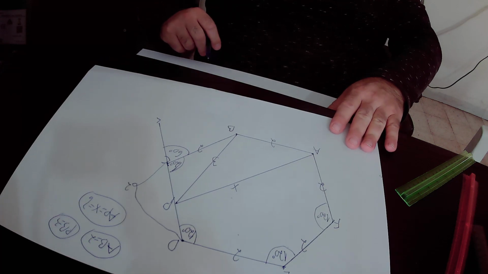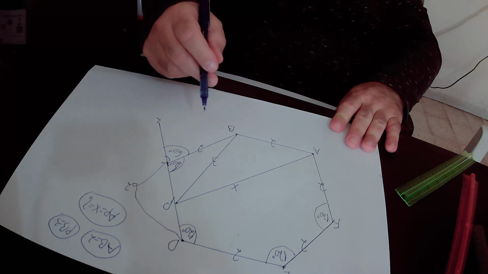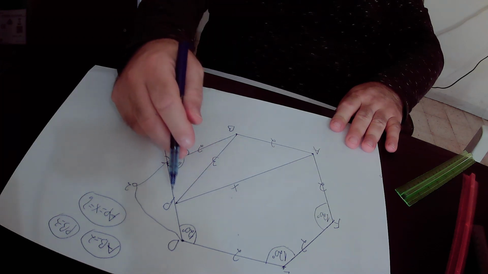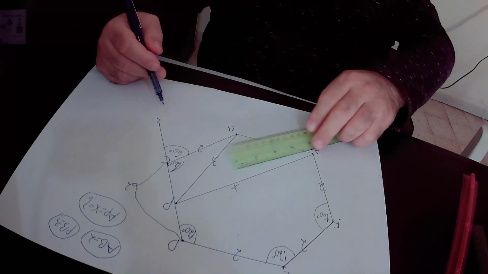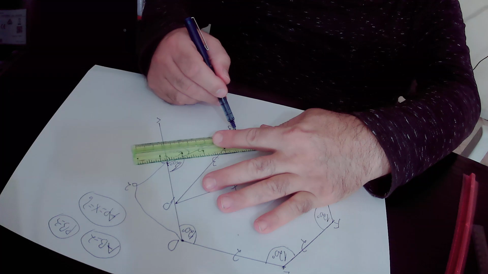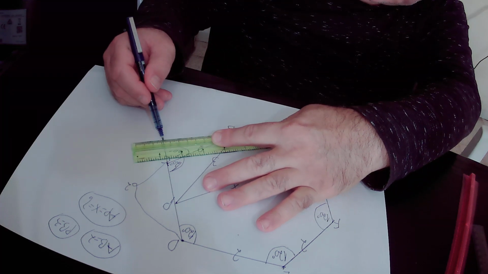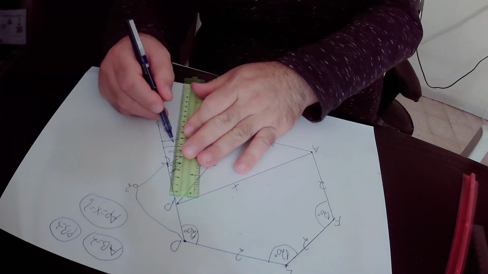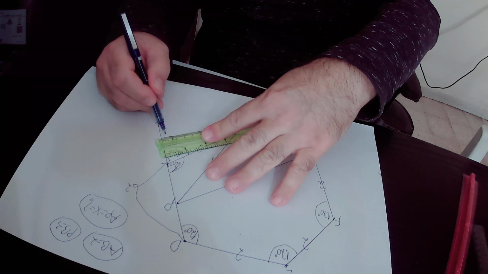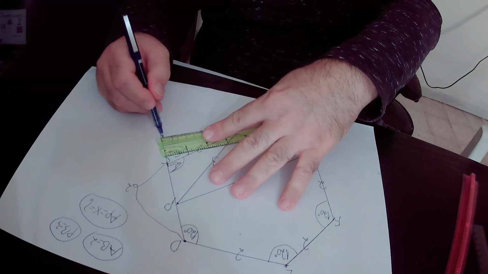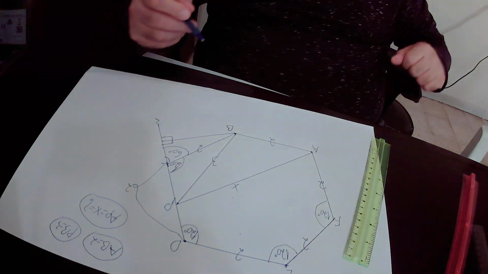In the next step, from point B, we draw a perpendicular on DL. So this angle equals 90 degrees, and this angle also equals 90 degrees according to our construction.